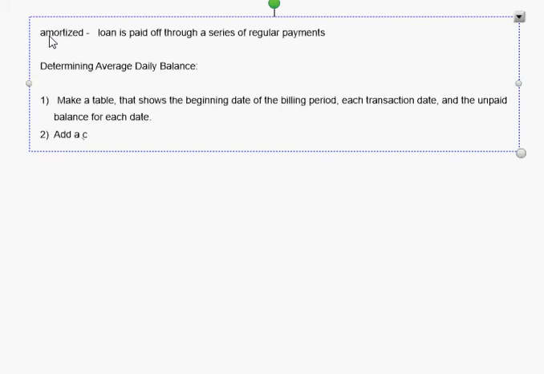Add a column to the table that shows the number of days at each unpaid balance.